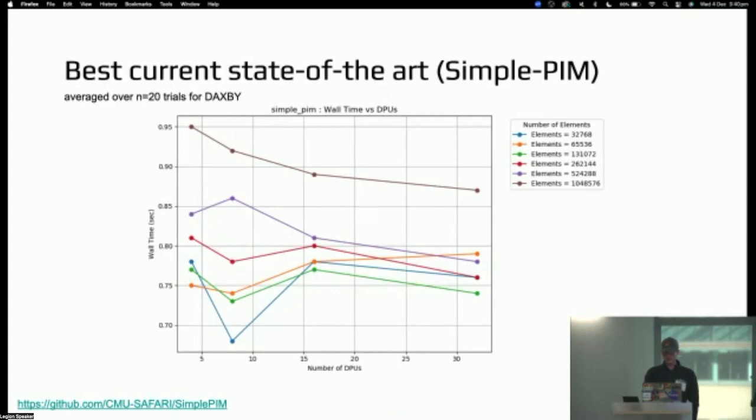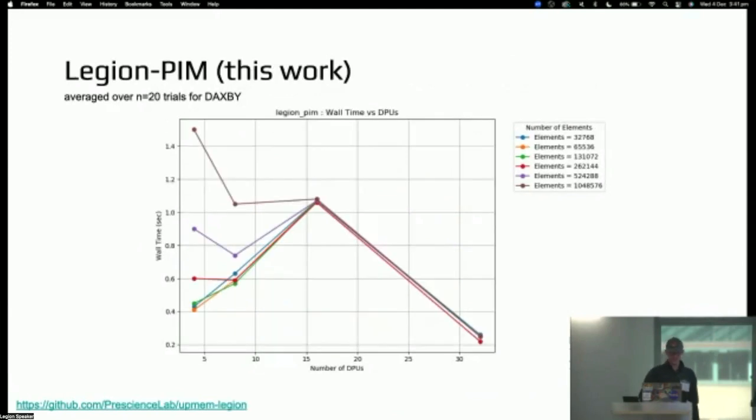These are very small micro benchmarks, so take it with a grain of salt, but we're going to compare against that because that's what I have running at the moment, as this is a work in progress. With SimplePIM, as they scale, I would look at the wall clock time in seconds versus Legion.